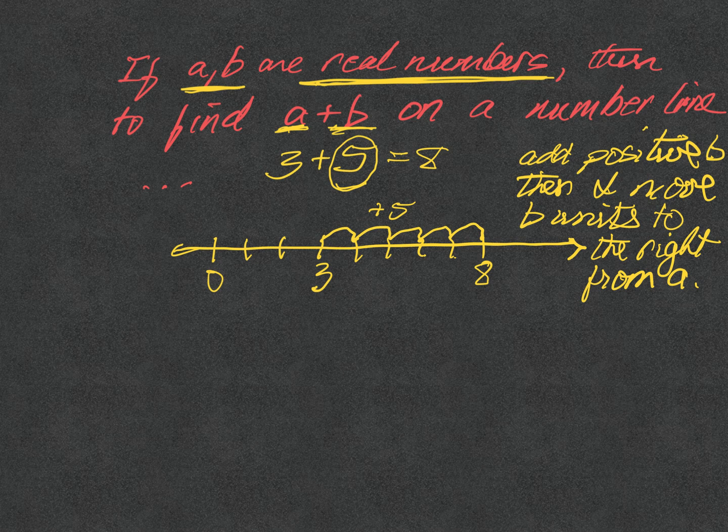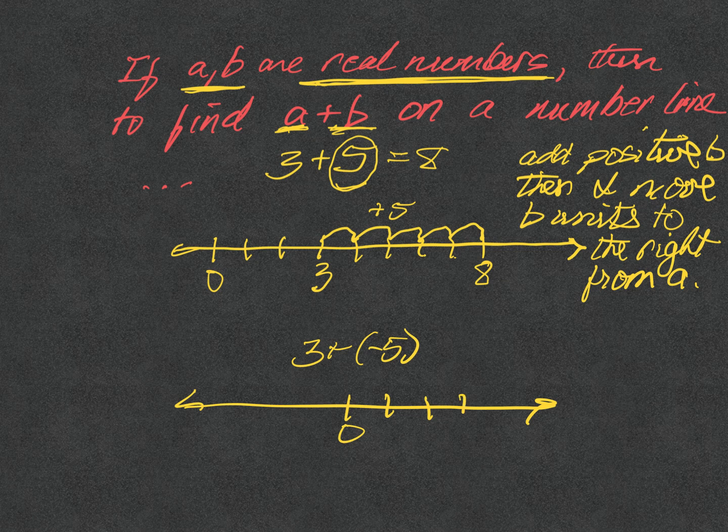Well, what if you add a negative? So now let's do 3 plus a negative 5. Same sort of thing. If you add a negative, so then 0, 1, 2, 3. And now I'm adding a negative. So instead of moving to the right, that means I'm going to move to the left. And I'm going to go 5. So 1, 2, 3, 4, 5.